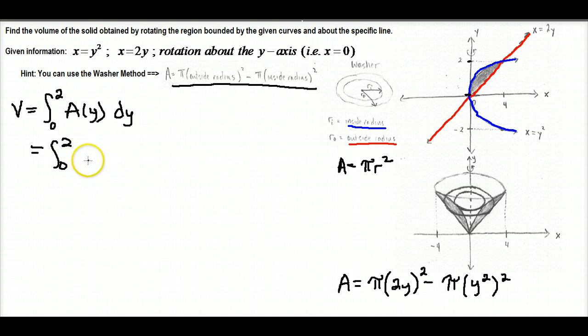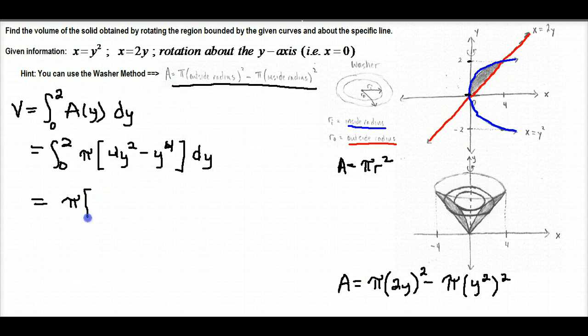We know what our area formula is, so I'm just going to factor out the pi, and we have left here 2y squared is just 4y squared, and y squared squared would just be y to the 4th. And then that would just be dy.